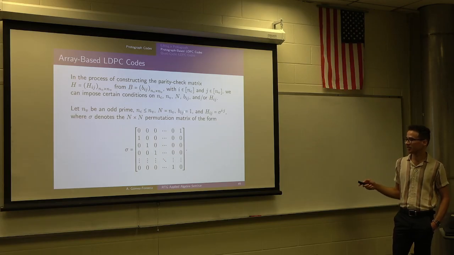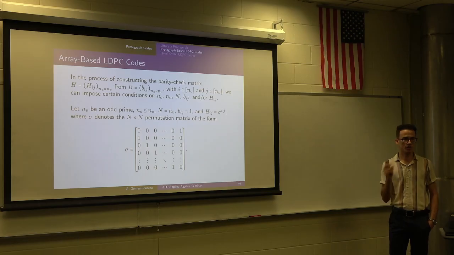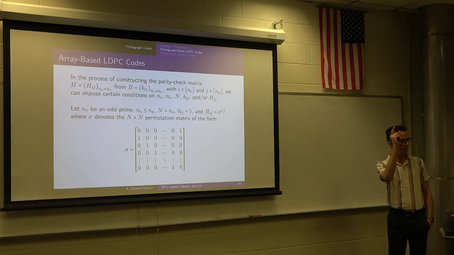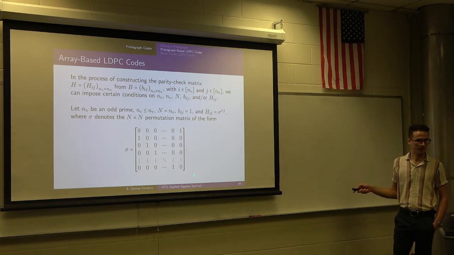The entries of Bij are equal to 1. And I'm going to set Hij equal to sigma to the i times j, where sigma is going to be this n by n permutation matrix. This matrix is just the identity matrix where the first row, the first column, you place at the end.